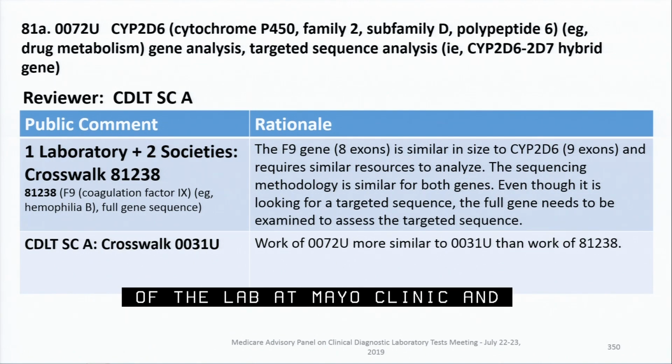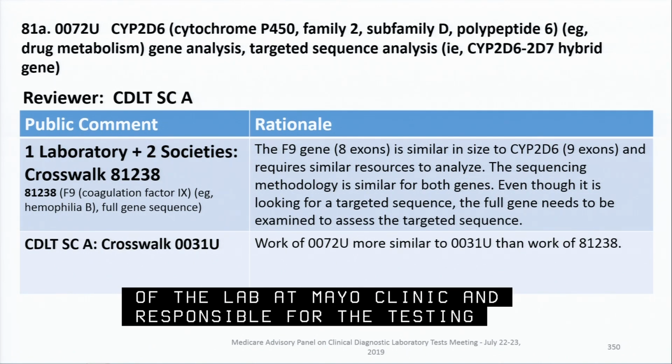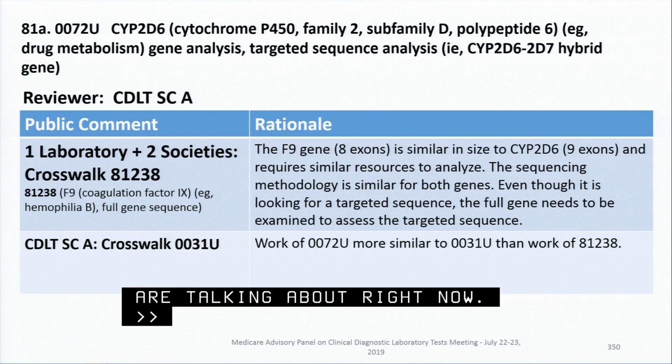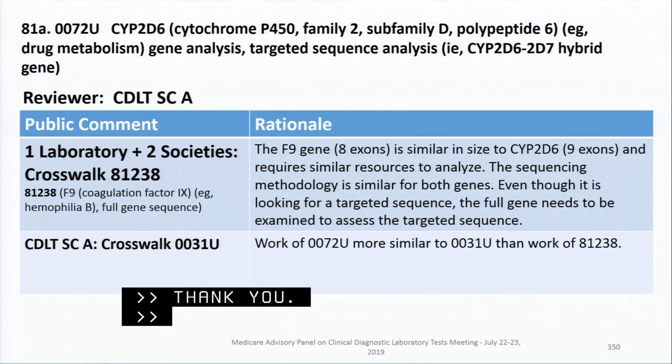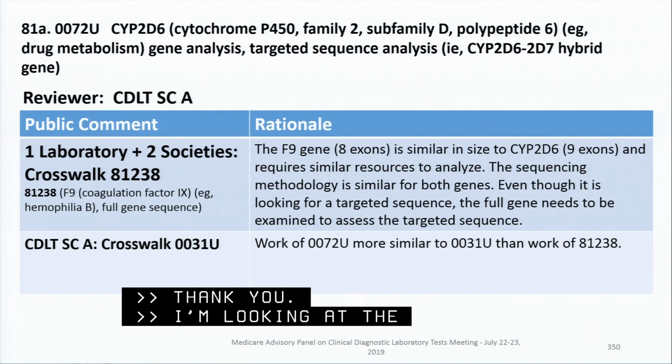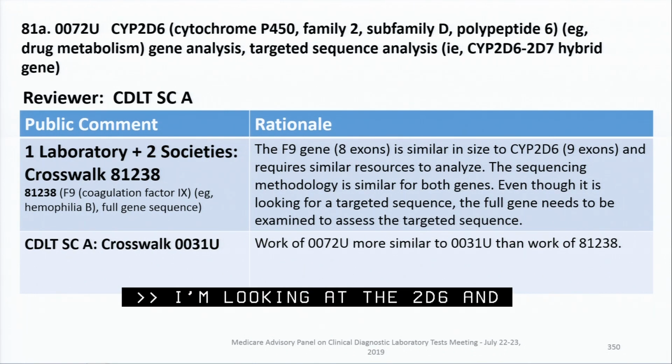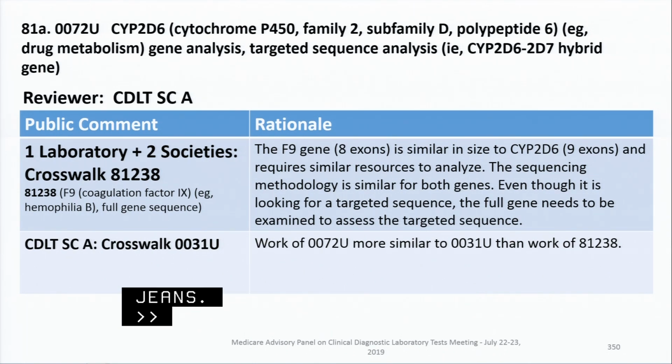Thank you. Dr. Lyon? Hello, this is Elaine Lyon, and I'm looking at the CYP2D6 codes, particularly the ones for sequencing the hybrid genes. The question is that it talks about targeted sequence analysis as opposed to full gene analysis.